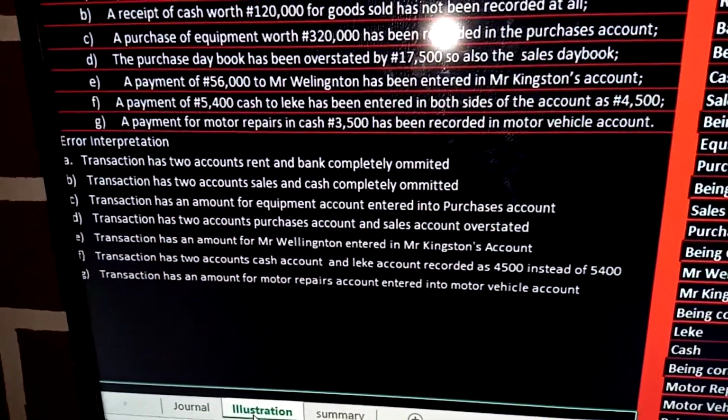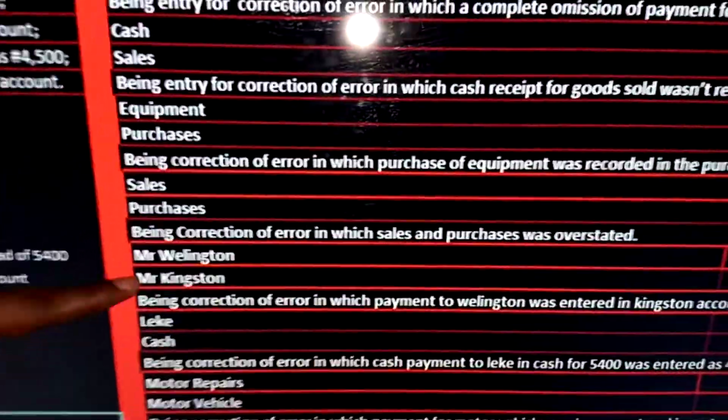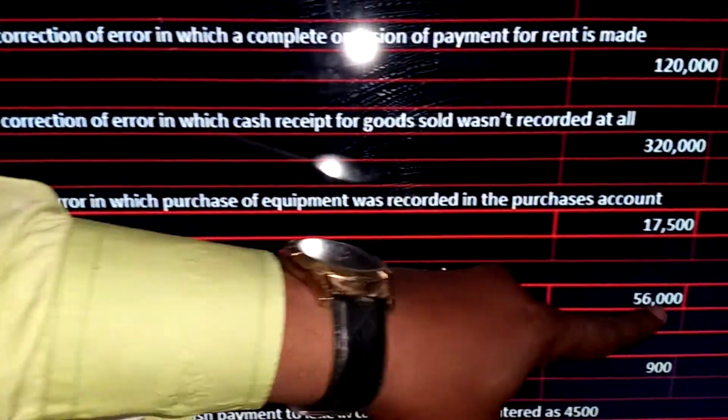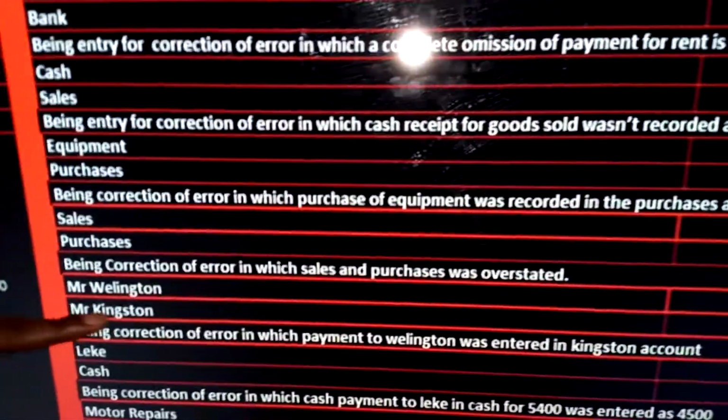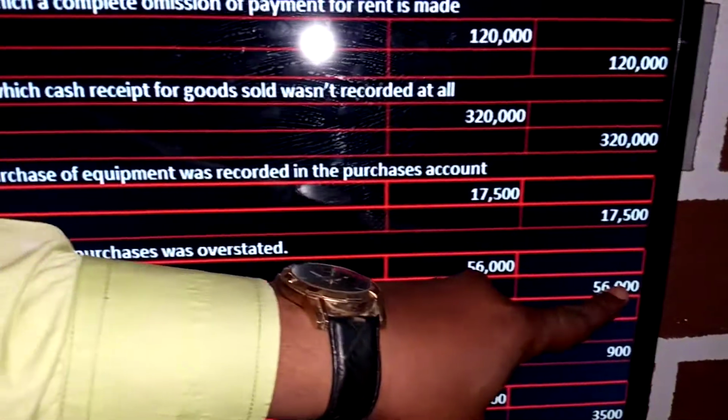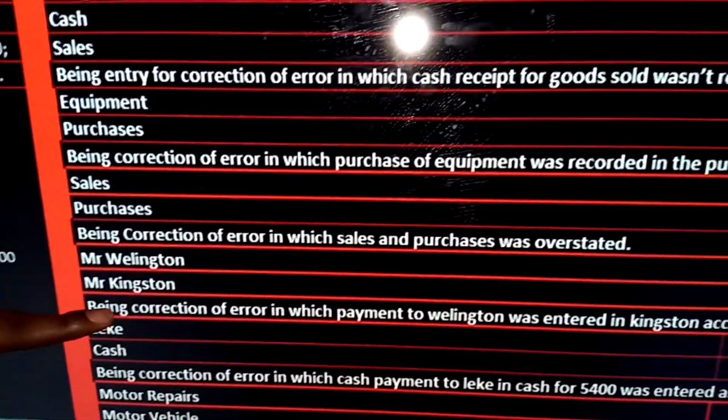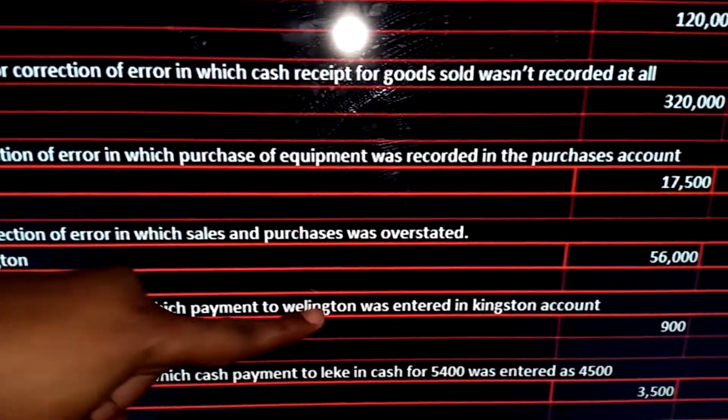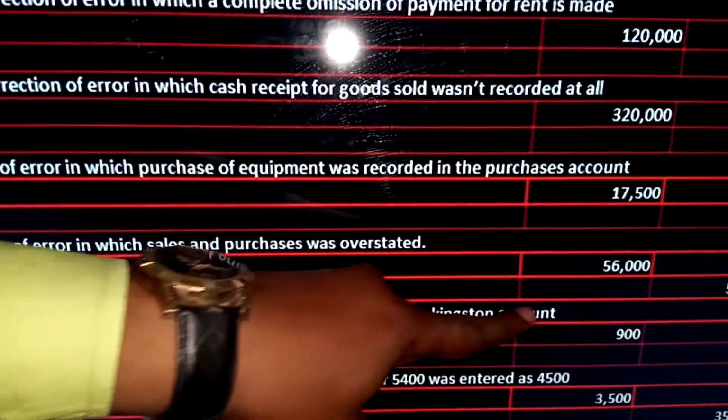So we'll now debit Mr. Wellington, which is the original account owner. Here I will say Mr. Wellington is debited with 56,000. Mr. Kingston is credited with 56,000. So we narrate to say being correction of error in which payment to Wellington was entered in Kingston's account.